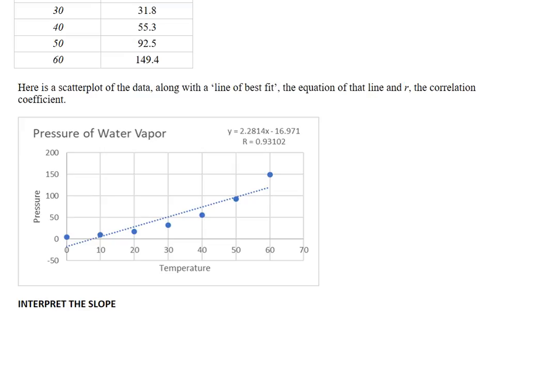As I said, we've gone through how to get that equation, but all we're interested in now is, can we do the interpretation? Here is the equation right here. It's in y equals mx plus b format. So the slope in this case is 2.2814, and the y-intercept is negative 16.971.